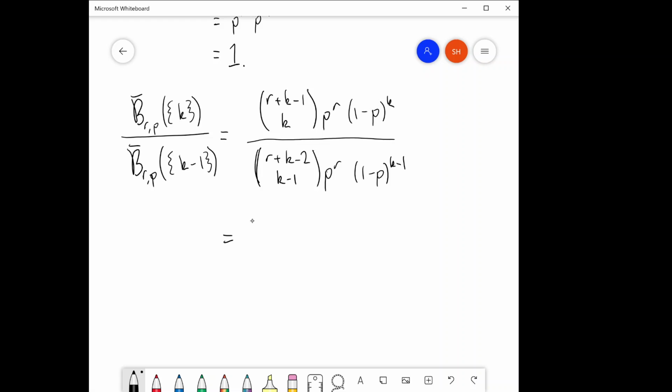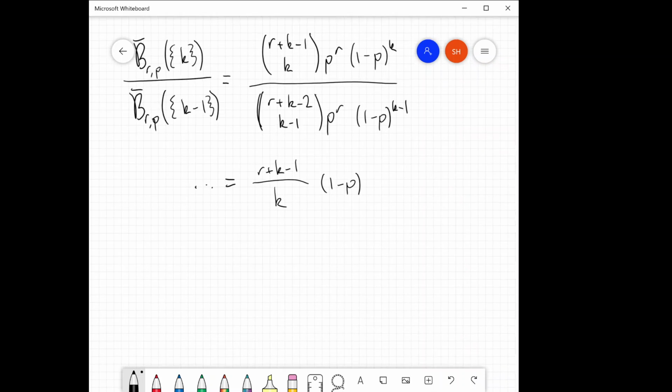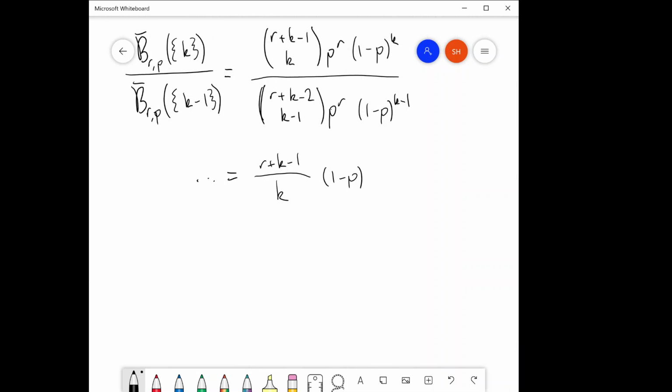So I'll skip some steps, but the details are in the notes. So we find overall, after a few steps, this is r plus k minus 1 divided by k, times 1 minus p. Okay, so this is larger than 1 if k is less than or equal to (r minus 1)(1 minus p) on p, and less than or equal to 1 otherwise.